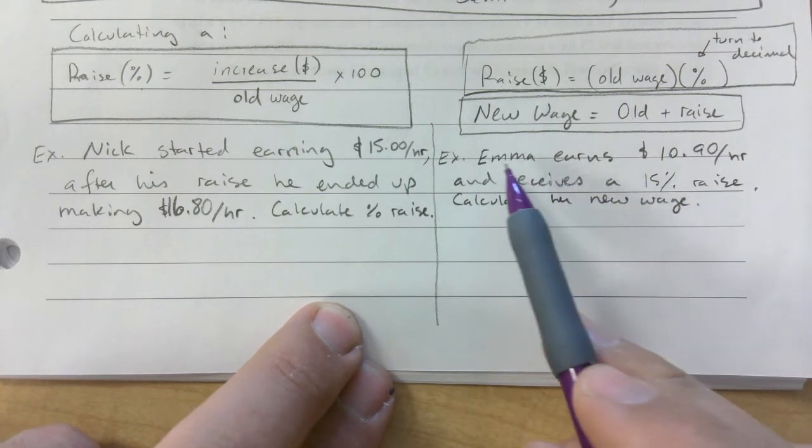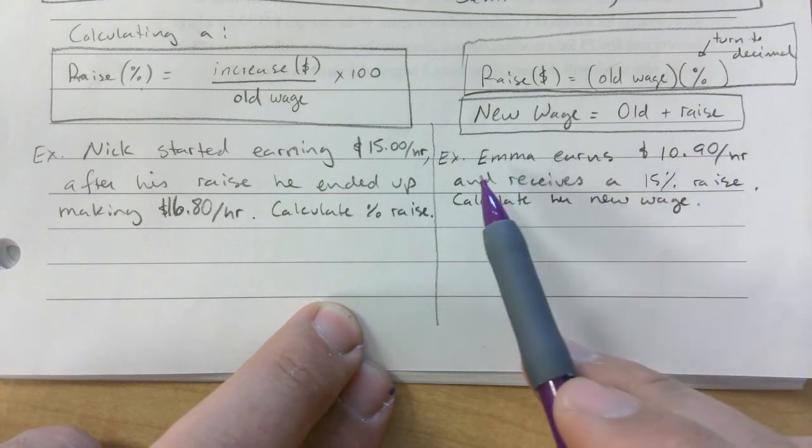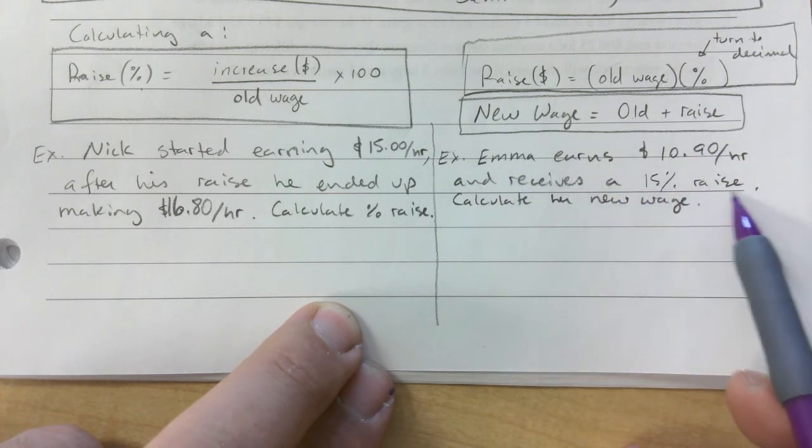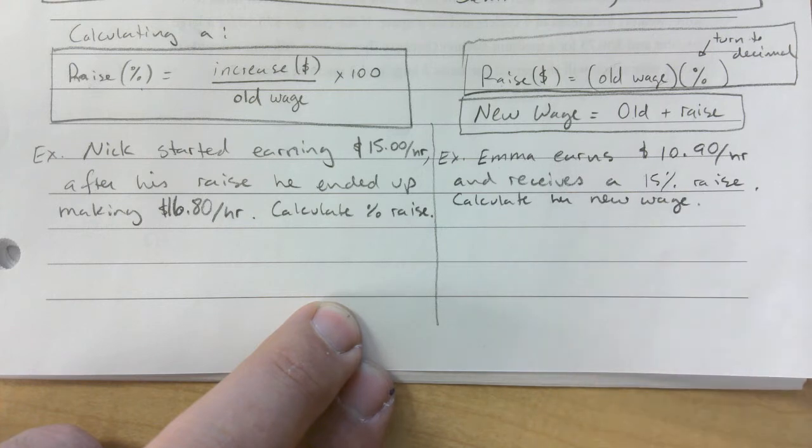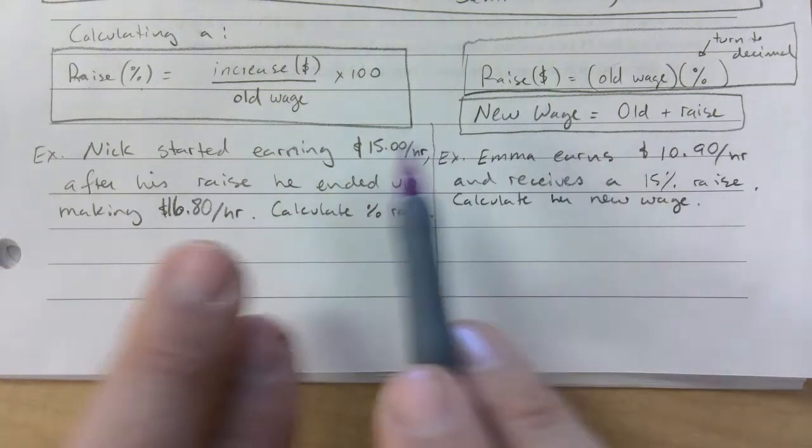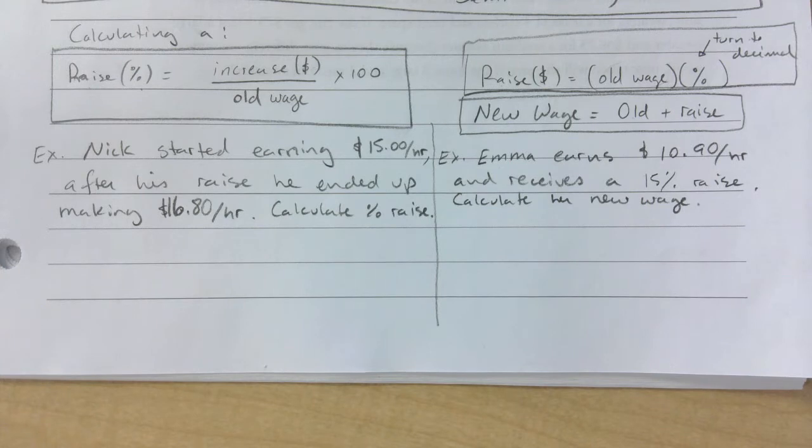The next example here, Emma earns $10.90 per hour and received a 15% raise. Calculate her new wage. So that's basically the applications for those formulas right there.